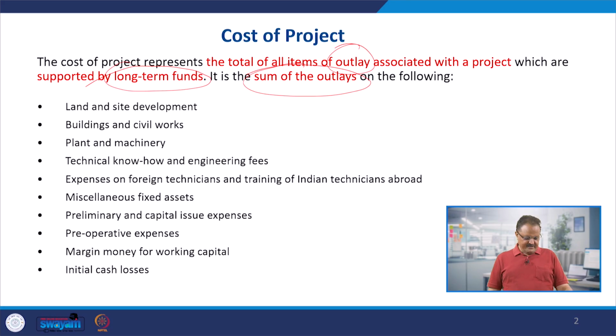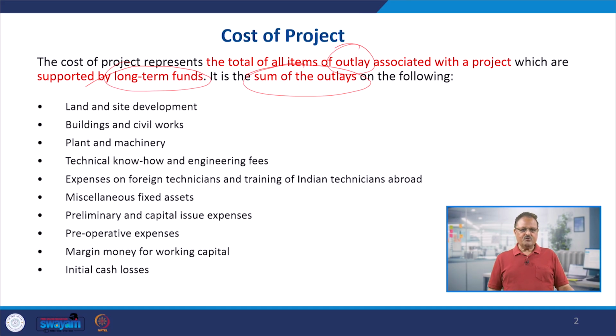So these are expenses where we have already decided on setting up the venture, we are already building the project, and we are incurring some expenses before starting the production. Any expense before starting the production, or facilitating the overall setting up of the venture, is called a pre-operative expense.